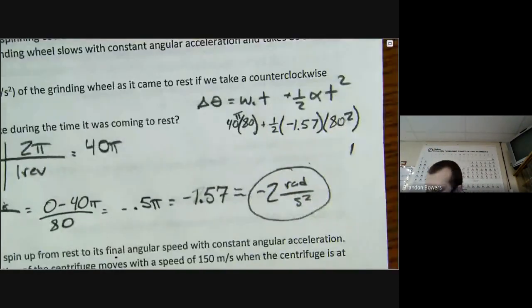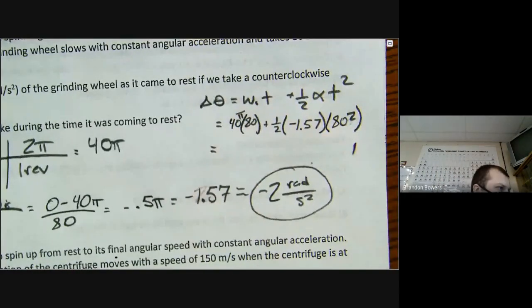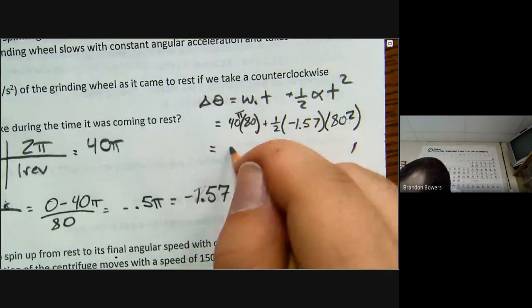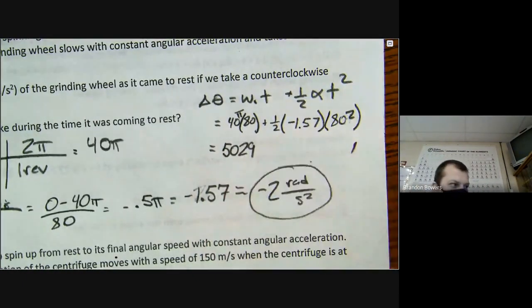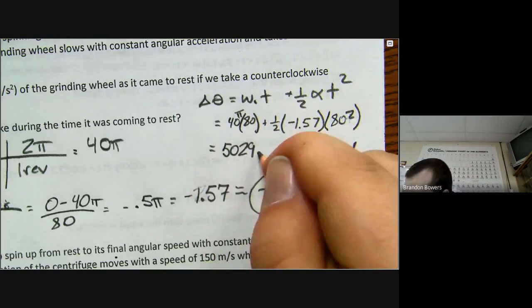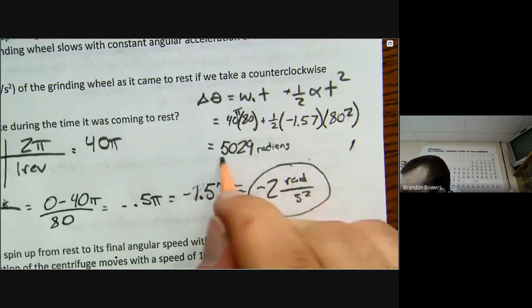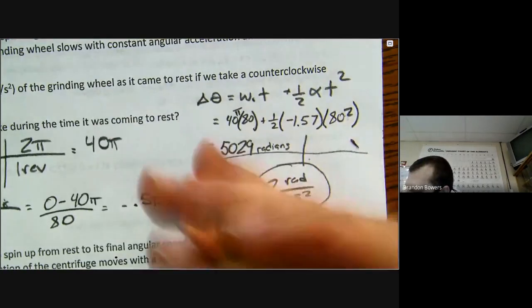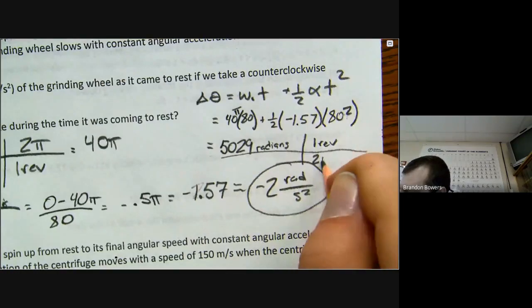Okay, when you plug this in, I got about 5,029 radians. But it's asking for revolutions. So we have to do one last conversion. One revolution is how many radians? 2 pi radians.